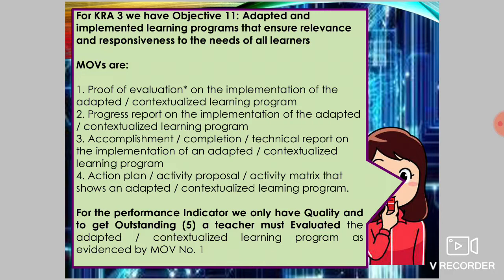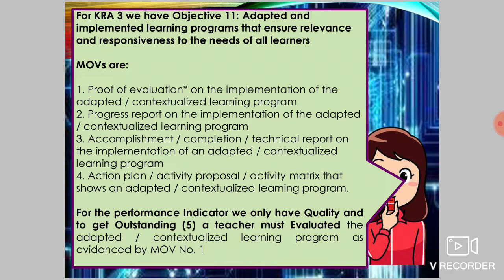So, you do those things and you just need the proper documentation so that you can have the MOVs for this particular objective. So, proof of evaluation, the implementation, the adopted and contextualized learning program. As you can see, di ba, every time na meron tayong program, you have the measurement and evaluation. So, you should have a copy of this that you are evaluating your program at the end of the implementation of that program.